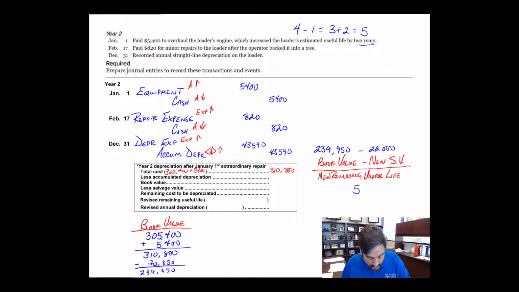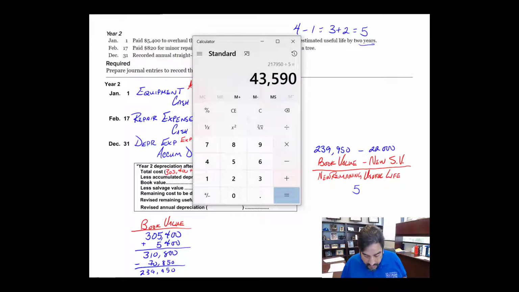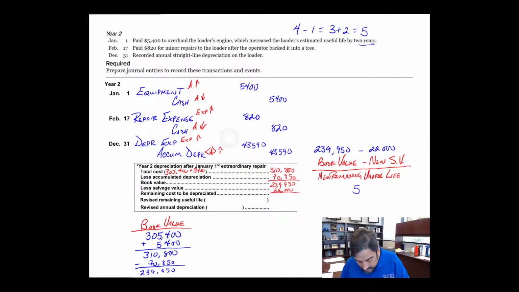The accumulated depreciation is just 1 year of depreciation. So it gives us a book value of 239,950 minus the salvage value equals our new depreciable cost. And what was that? 217,950.